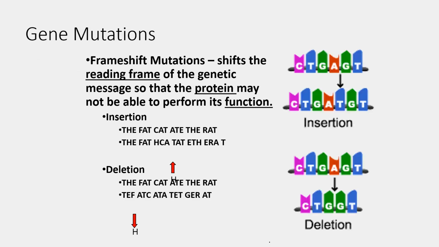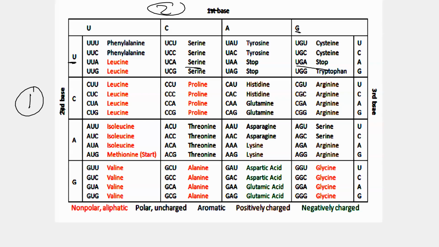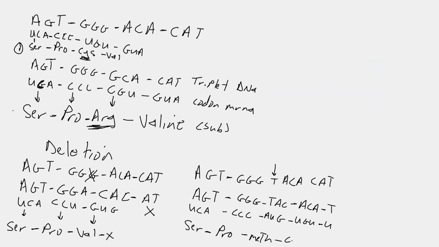And UGU gives us cysteine, right? So once again, those last two amino acids are very different from the ones that should be there, okay?